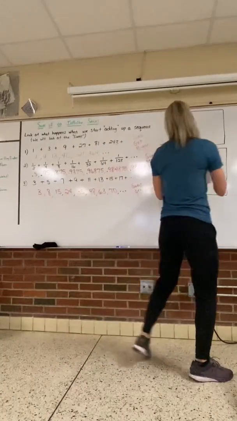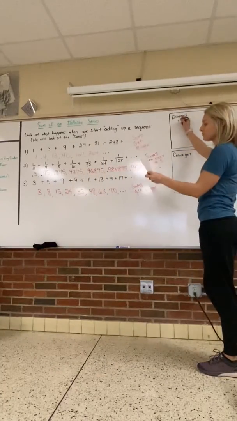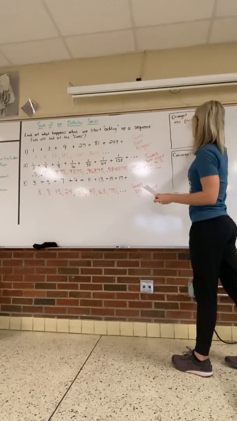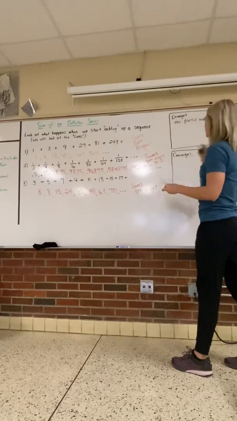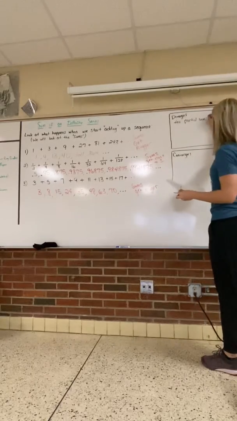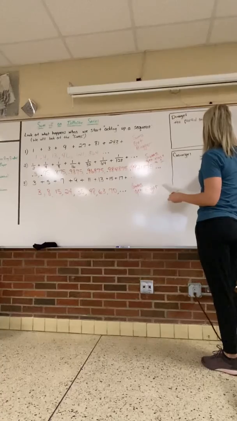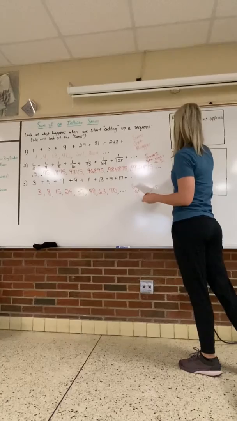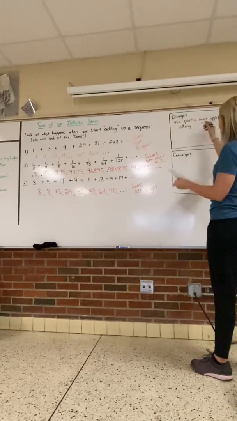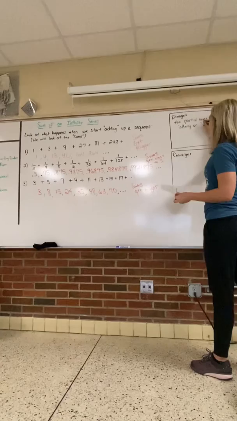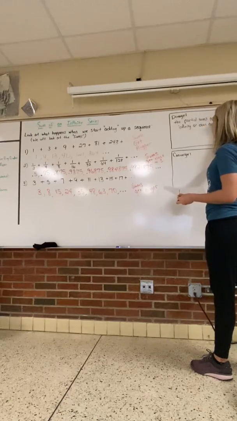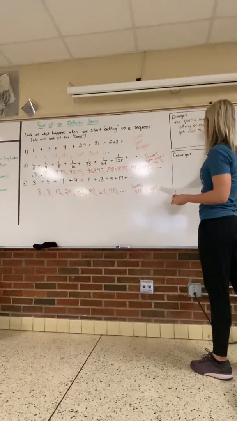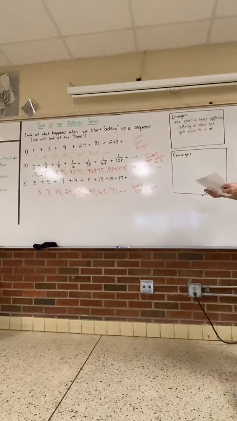Diverge means that when you start adding up the sequence, in other words, they call that partial sums when you add up part of a sequence, if the partial sums approach infinity, in other words, it keeps getting bigger and bigger and bigger, or bigger in a negative sense, or does not get close to a number, then it diverges, okay?